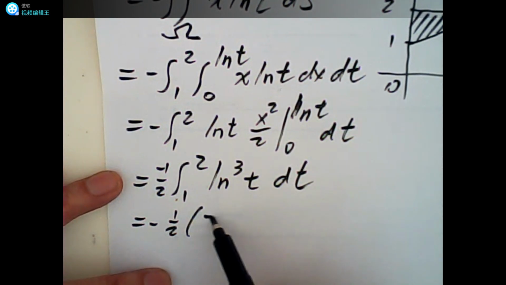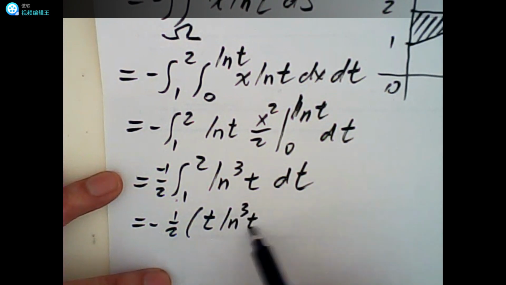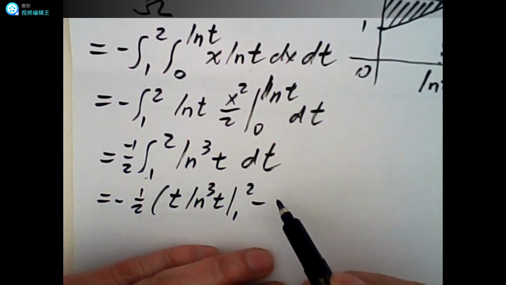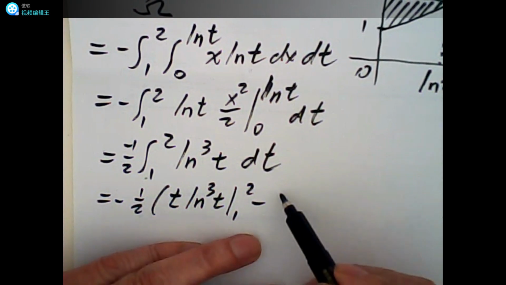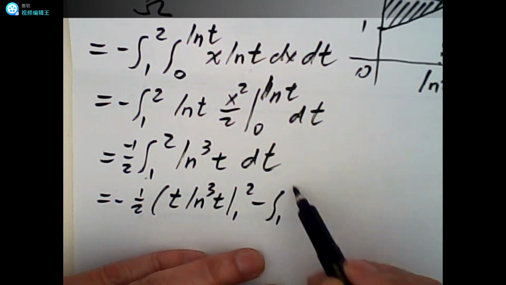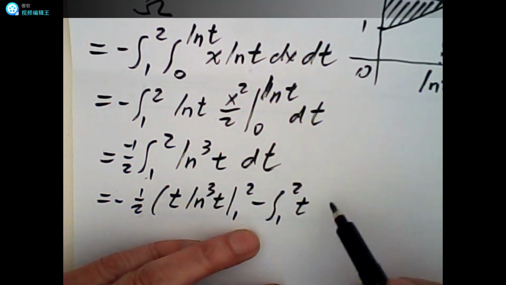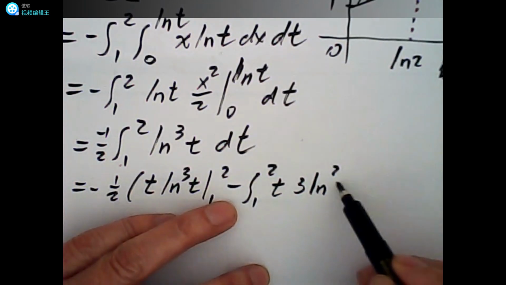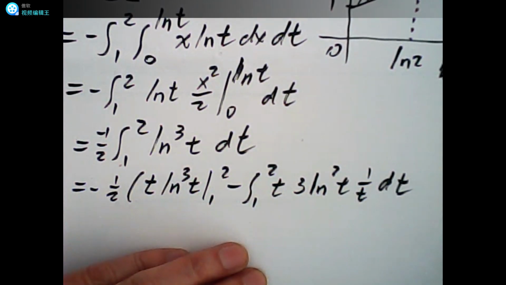So this is v. This is u, from 1 to 2, minus integral from 1 to 2 of v du. V is this, du is 3 log square t times 1 over t dt, right?